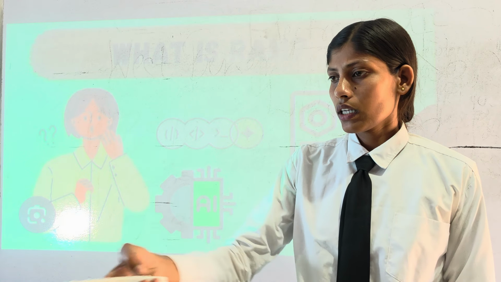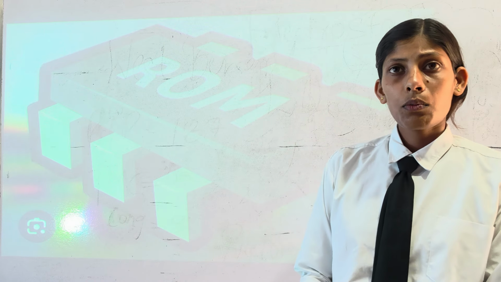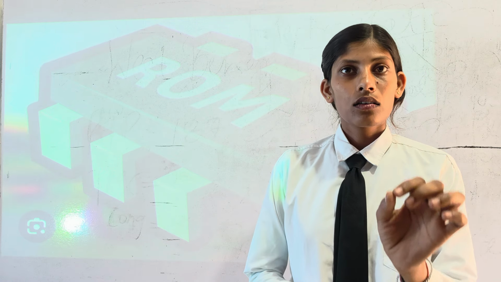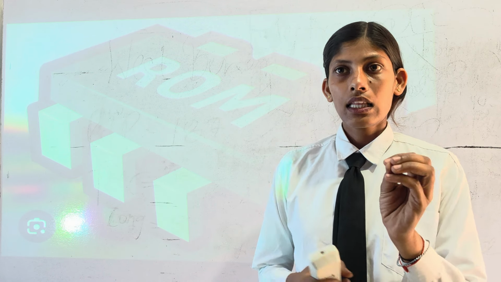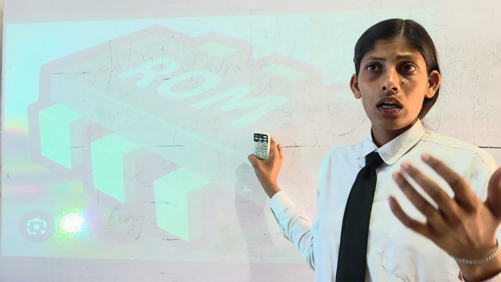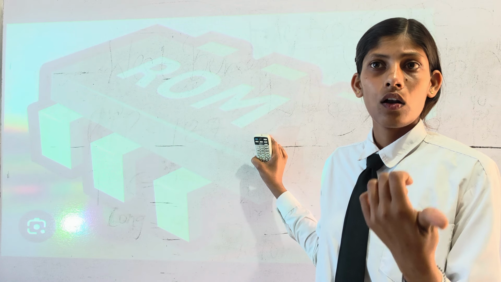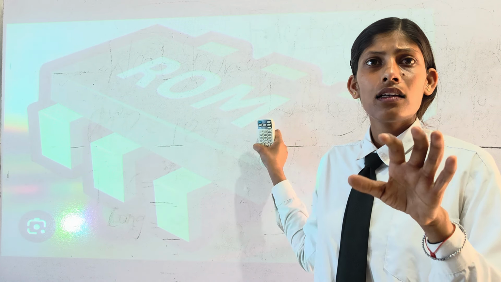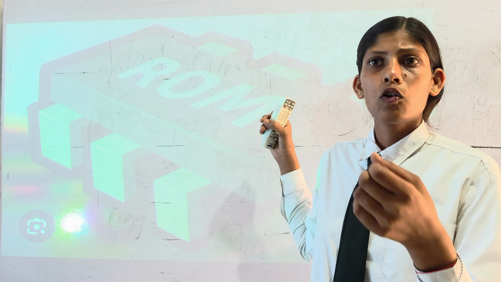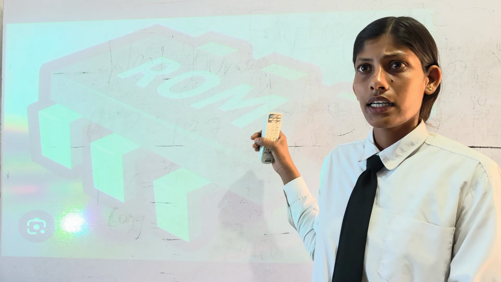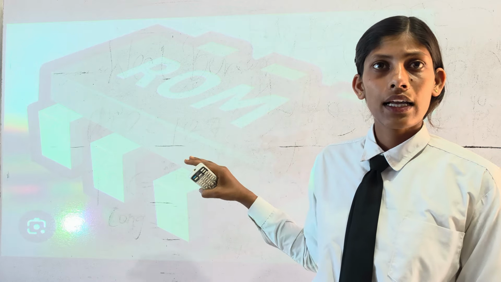The second one is ROM, which is known as Read-Only Memory. In ROM, all files and information are stored for a long time, and no one can change or remove them.